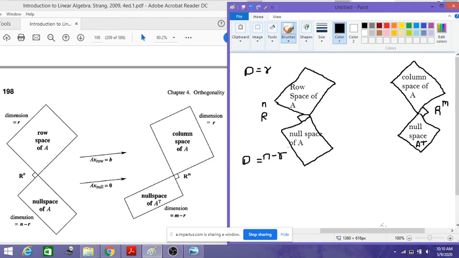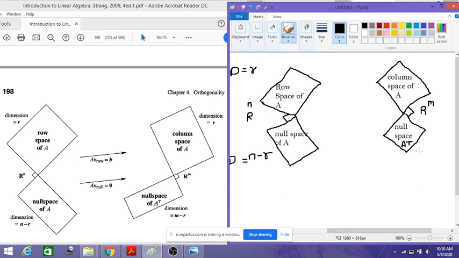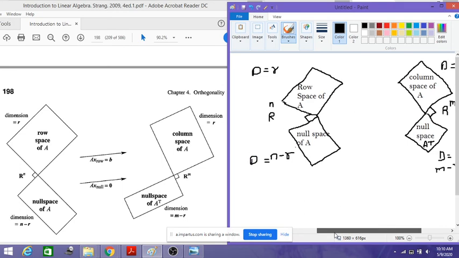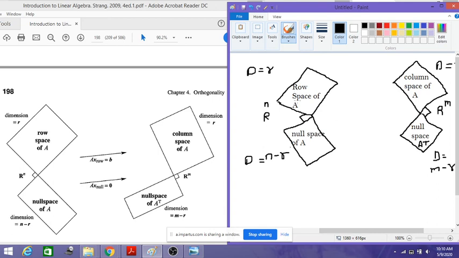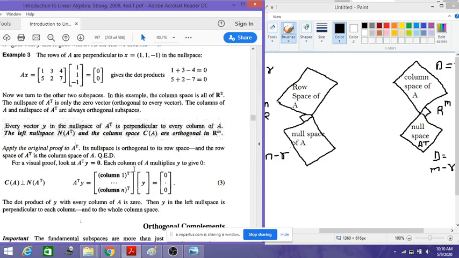And here the dimension for the null space of A transpose is equal to m minus r, and the dimension of the column space is equal to r. So now if you see from these diagrams, the row space of A is perpendicular to the null space of A, and the column space of A is perpendicular to the null space of A transpose. So that is the relation that we're going to talk about here. It means these are orthogonal to each other.